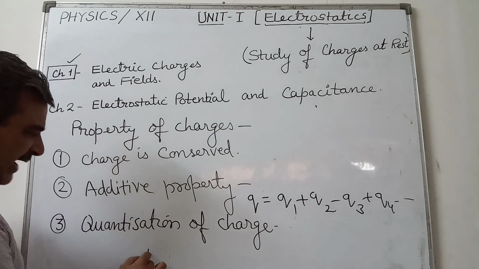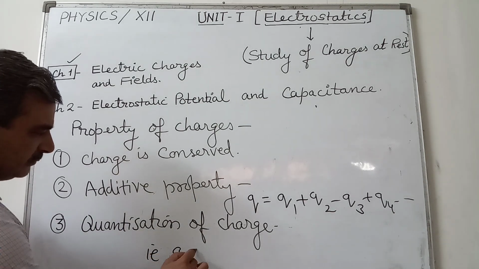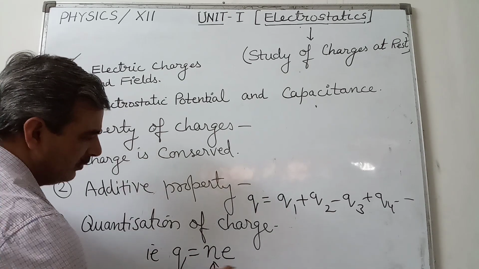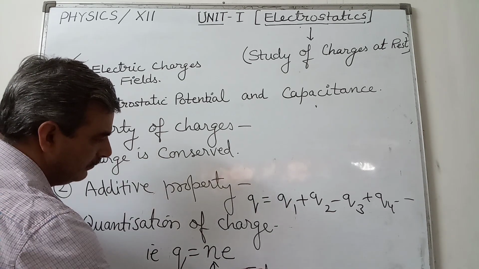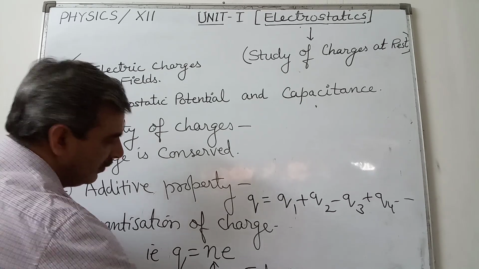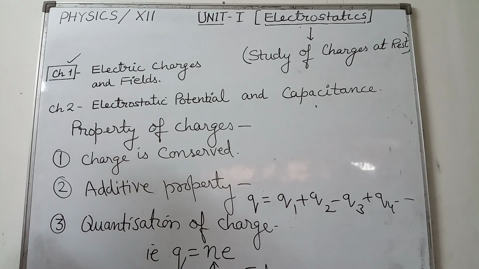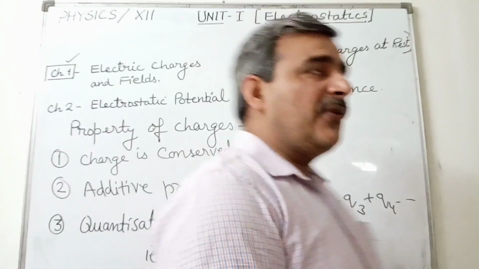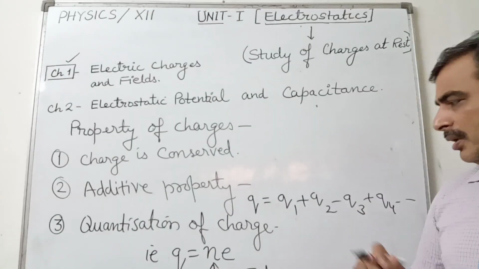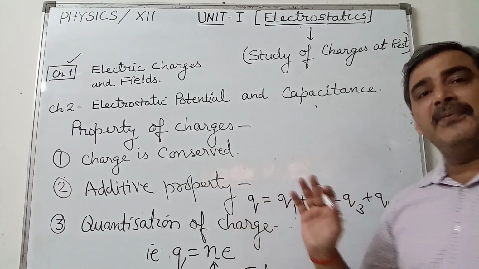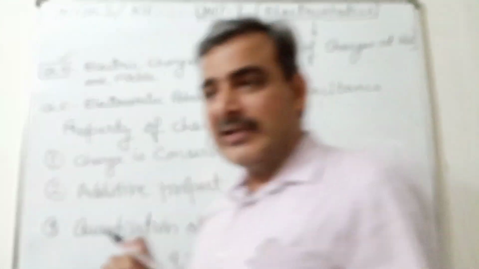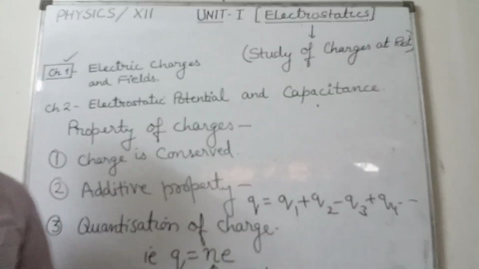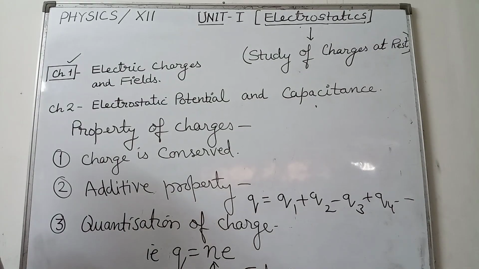You may write mathematically that Q equals Ne, where N is some integer. You can't transfer half an electron of charge, 2/3 electron of charge, and so on.